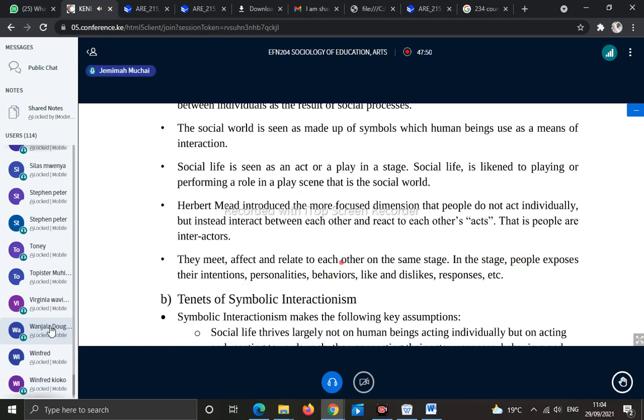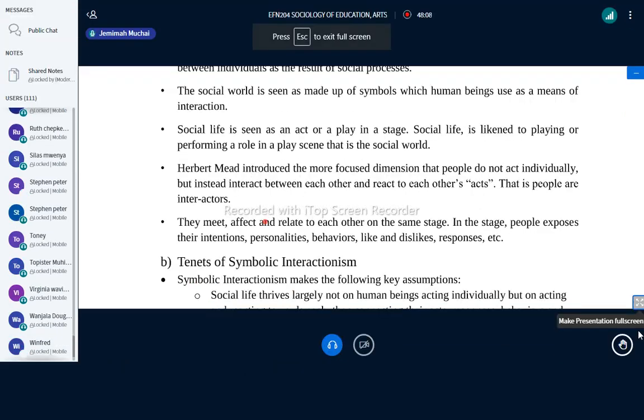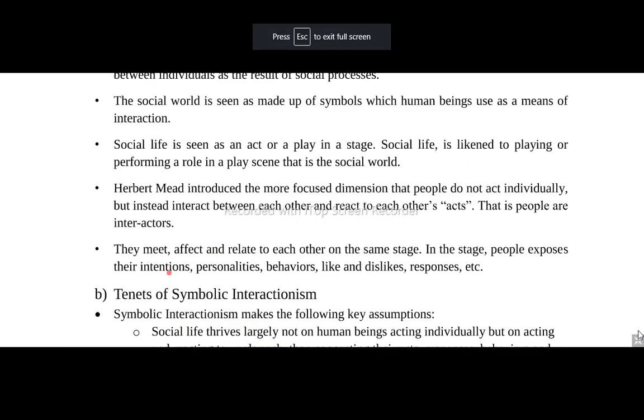So when we are meeting and affecting and relating to each other, we expose ourselves. What is my intention? For example, a girl may be attracted to you as a man because you have money. So the way she'll meet you and affect and relate with you, we know this girl is a gold digger. Or this man just wants to use me and then dump me, after using me.